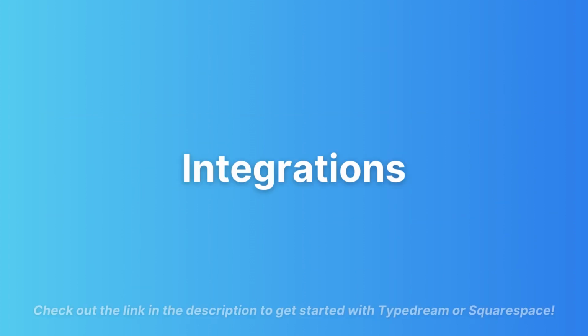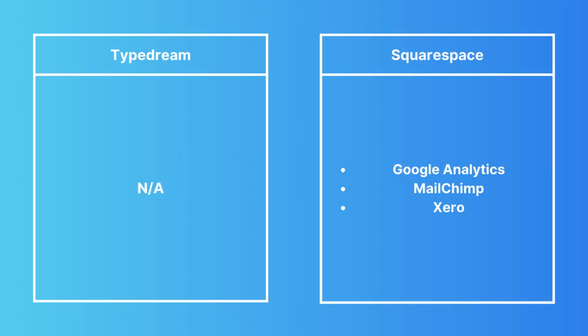All right, so now let's look at the integrations. I think it's quite important to have integrations on your website so you can get even more data, more analytics out of your website. Typedream does not offer any integration, which is quite annoying, so keep that in mind.